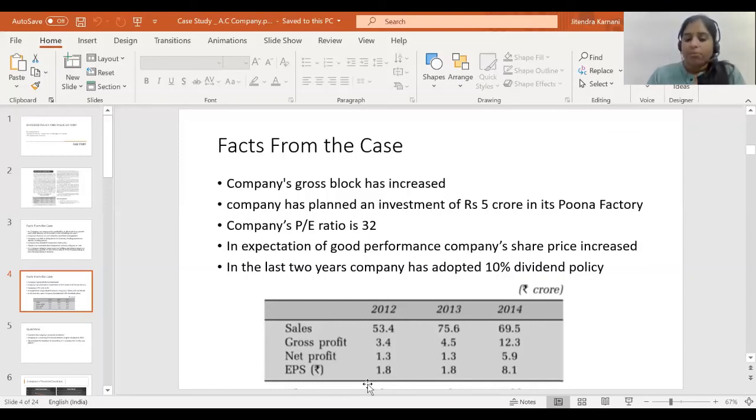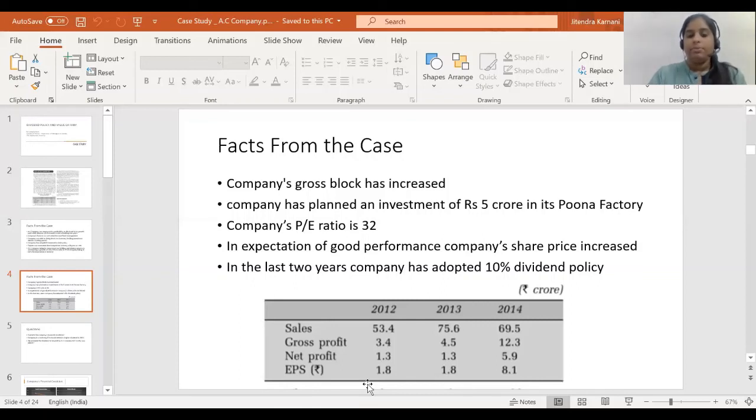Here the net profits have also shown a steep increase from 1.3 crore to 5.9 crore. So definitely the company's earning per share is going to increase from 1.8 rupee in 13 to 8.1 rupee in 14.